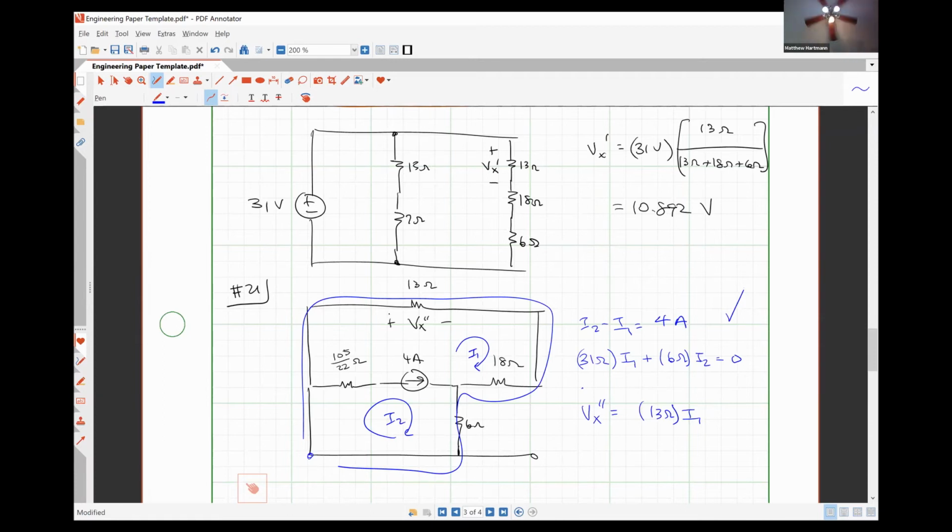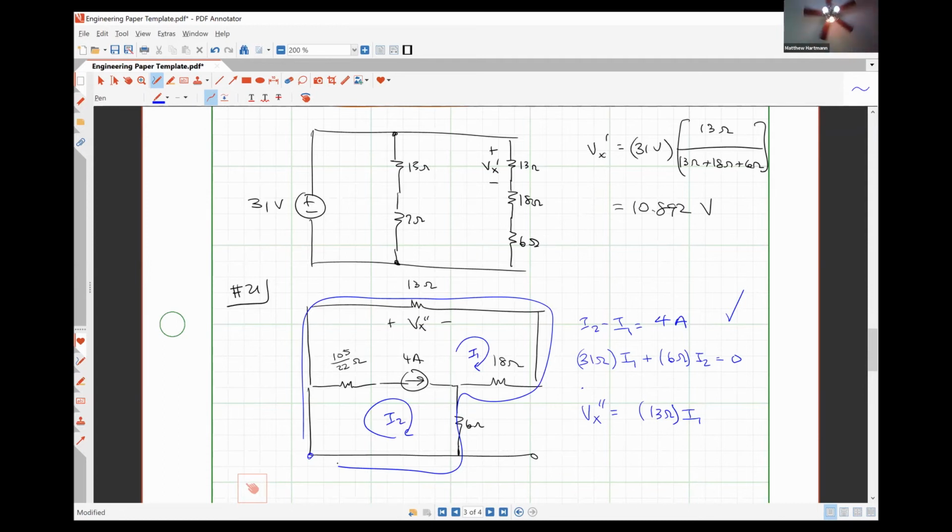Then I have 13 ohms. So starting here, I have a short circuit, 13 plus 18 is 31 multiplied by I1 plus 6 multiplied by I2 is equal to 0. So that's right. So there is a distinct possibility then that I should have a positive sign on it instead of a negative sign then.